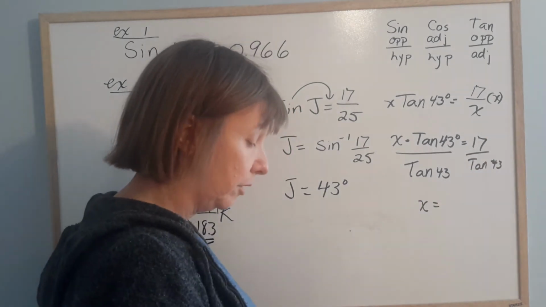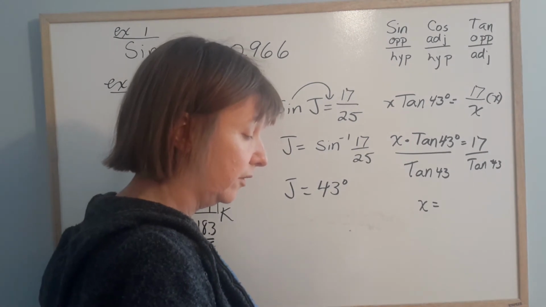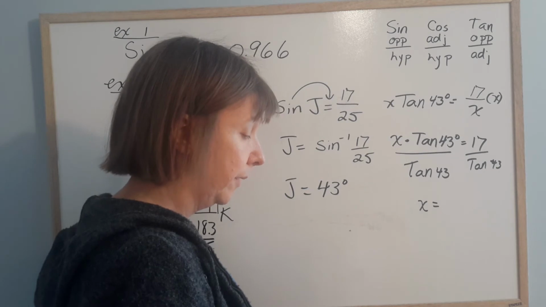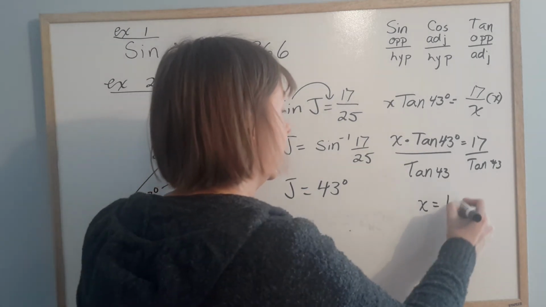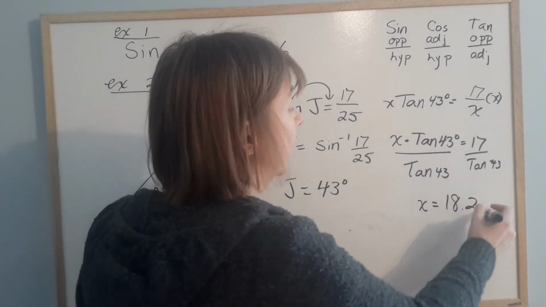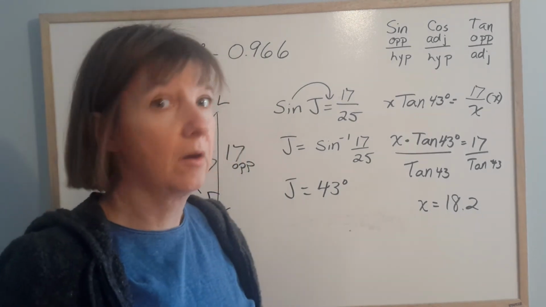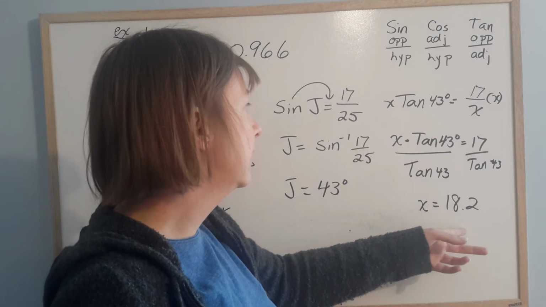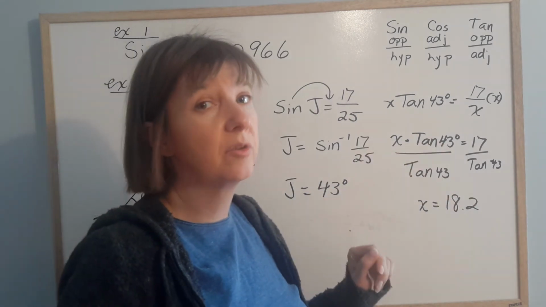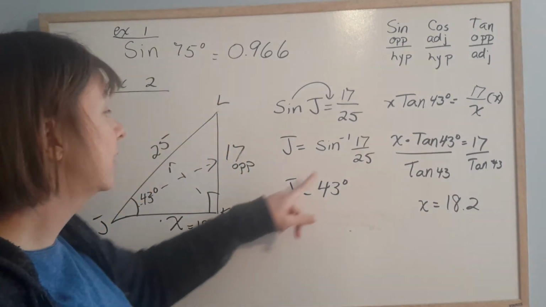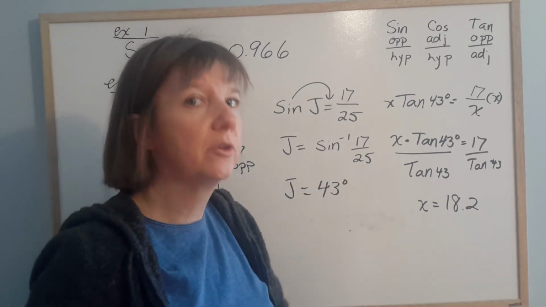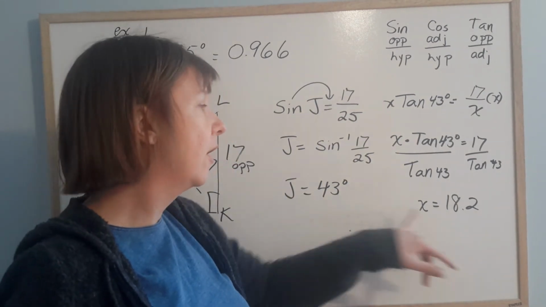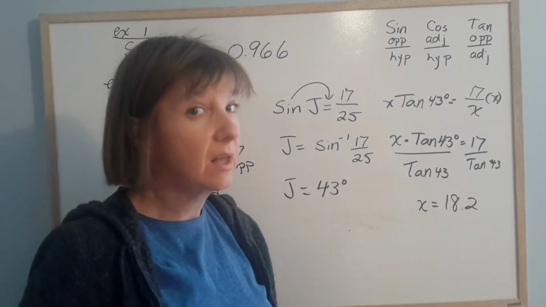I do 17 divided by tan of 43 in my calculator, and it tells me 18. It actually tells me 18.2, but that's close enough. The reason it says 18.2 is because this 43 degrees is actually rounded off. When I did the math over here, it works out to be like 42.8, and it goes on and on. Because I rounded this off, it changes the answer just slightly, but that's okay.